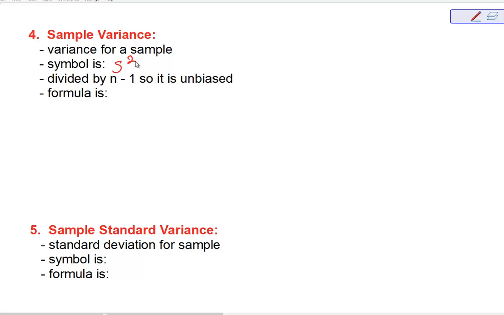It's the same thing here. The symbols for populations will be Greek letters and the symbols for samples will be alphanumeric. Also here, instead of dividing by n, we're going to divide by n minus 1.